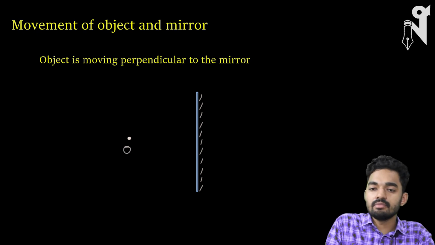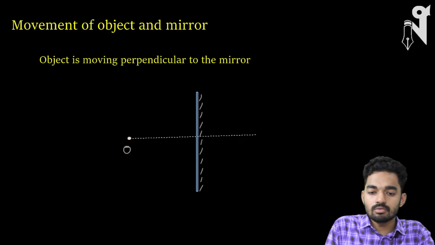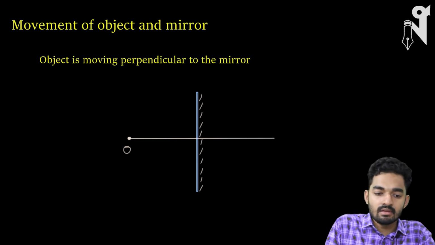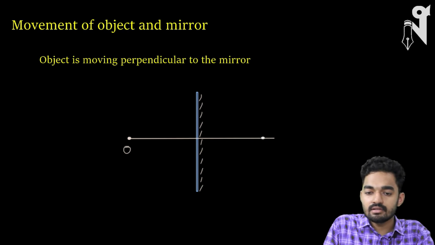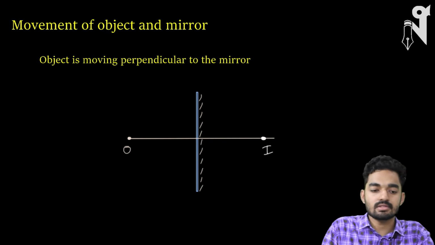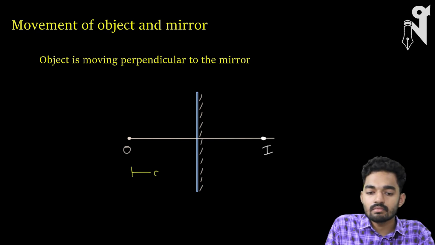Now to position the image for that object, again I'm going to draw a line through object O and perpendicular to the mirror like this, and then I'm going to place the image over here such that the object distance is equal to the image distance. So let's say the object distance is d. So the image distance will also be equal to d.